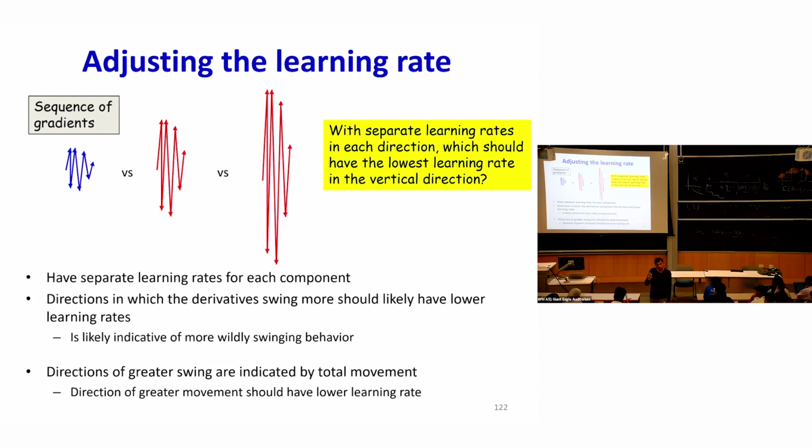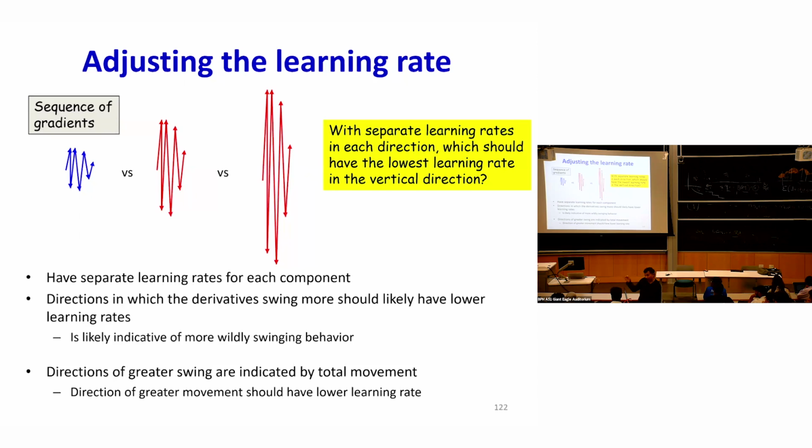So would you still want to be following the running average of the gradient with the same learning rate in all three cases? Yes or no? What does intuition tell you? Smaller steps where it's varying a lot, because you trust it a whole lot less, right?